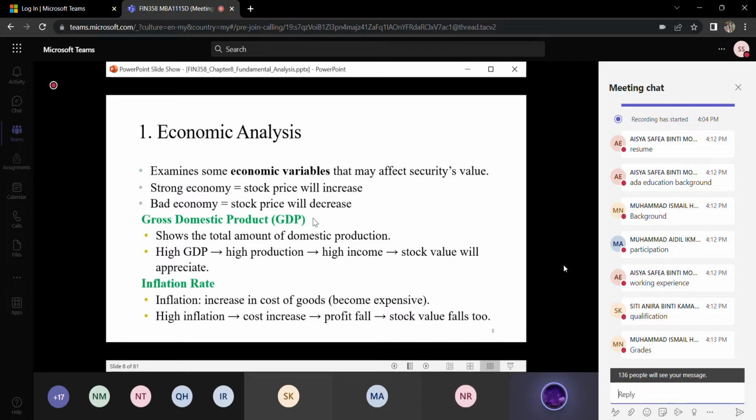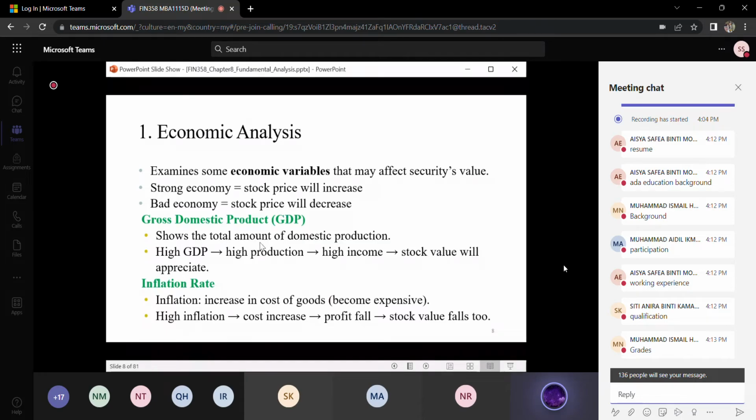So kalau dia cakap GDP 10%, wah bagus, sangat bagus kalau GDP sesebuah negara adalah 10%. So untuk investors, when they do the economic analysis, dia pun akan tengok GDP sesebuah negara itu. So dia tengok, oh Malaysia GDP tahun ini adalah 5%. Then dia tengok Thailand. Thailand adalah 4%, Singapore adalah 8%. So of course, then daripada sini dia tahu, oh Singapore is better, Malaysia is better than Thailand, contoh.